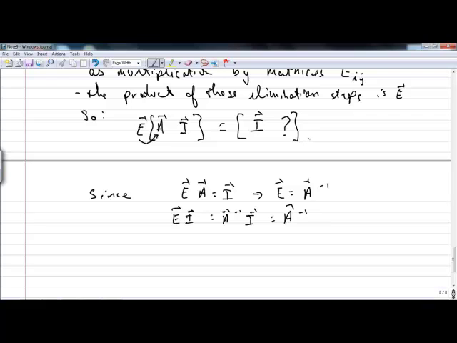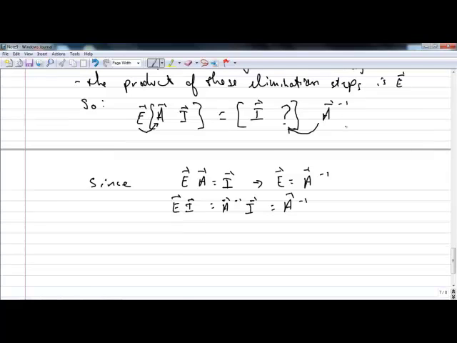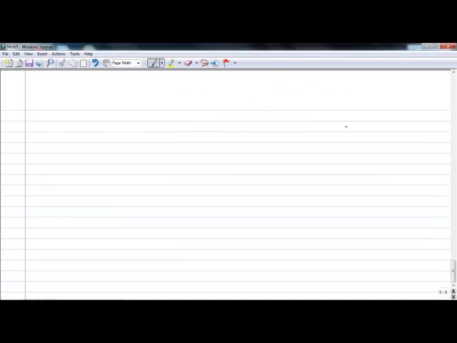So what goes here? A inverse. Okay, so it's pretty easy to see that this process works.